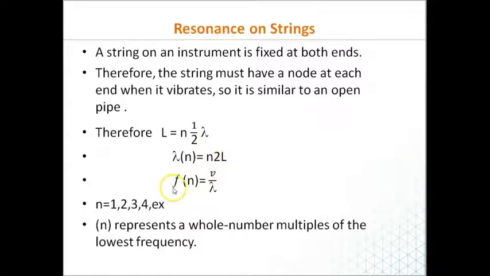And the frequency is going to be, as we knew before, f equals v over lambda. Now, n could be 1, 2, 3, 4, any number, because the harmonics are available at whole numbers.